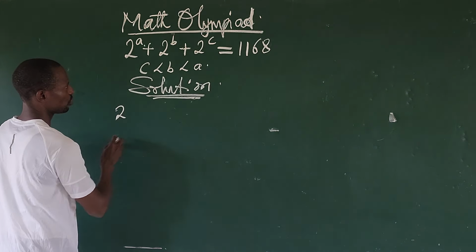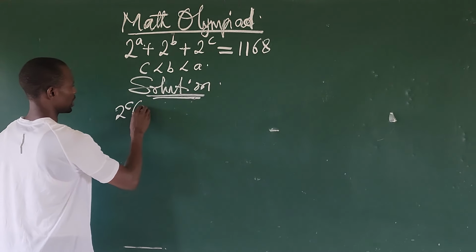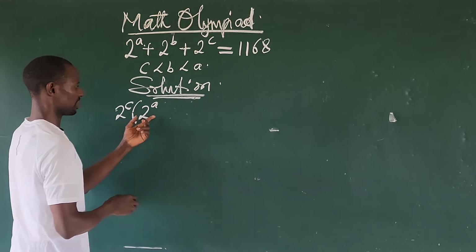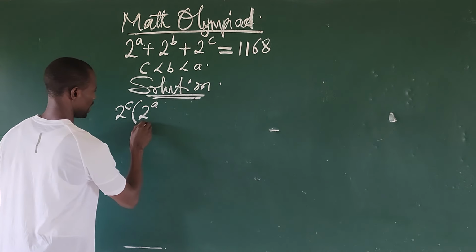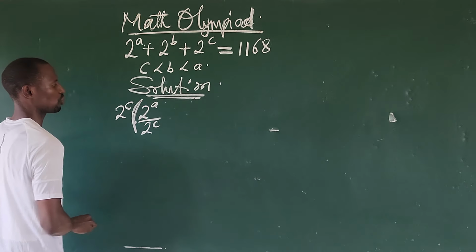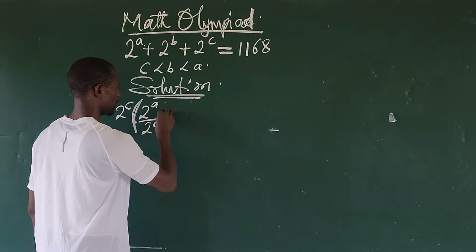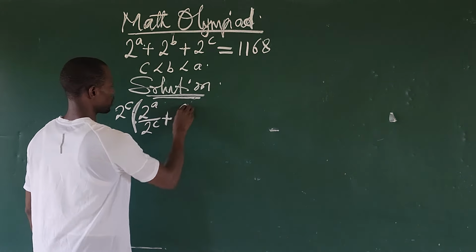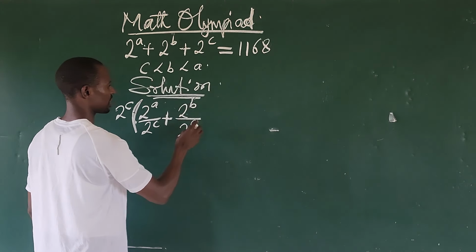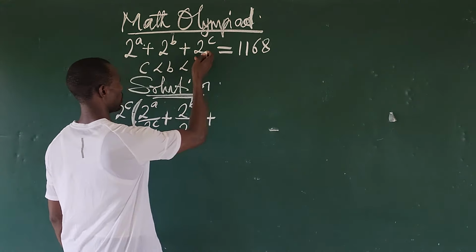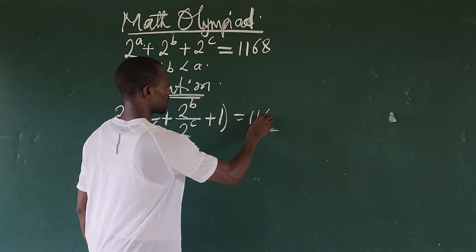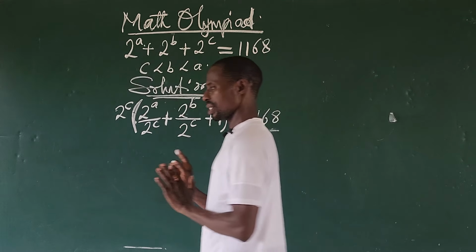So we're going to have 2 to the power of C bracket 2 to the power of A over 2 to the power of C, plus 2 to the power of B over 2 to the power of C, plus what will be left out here is just 1. Everything equal to 1168. Easy.